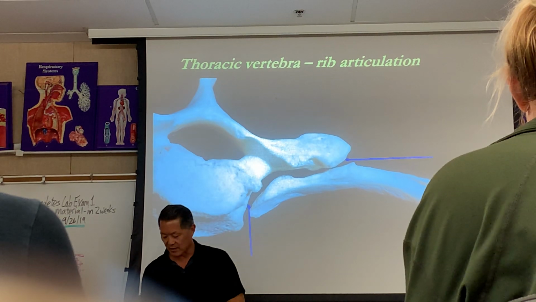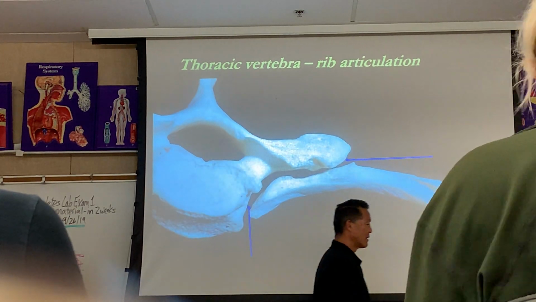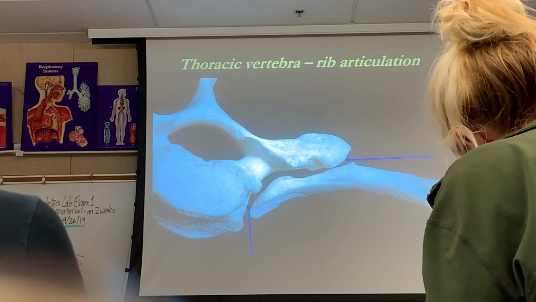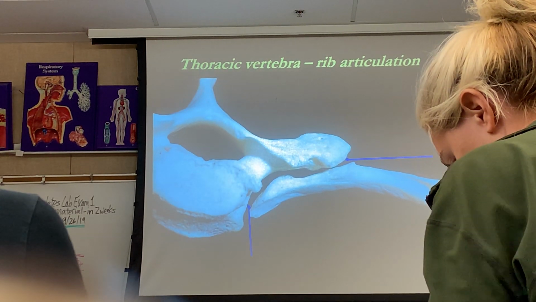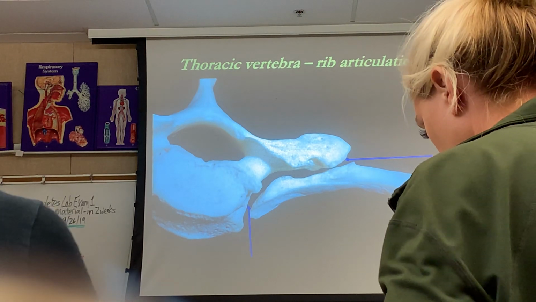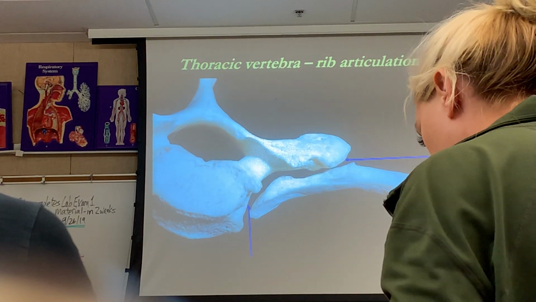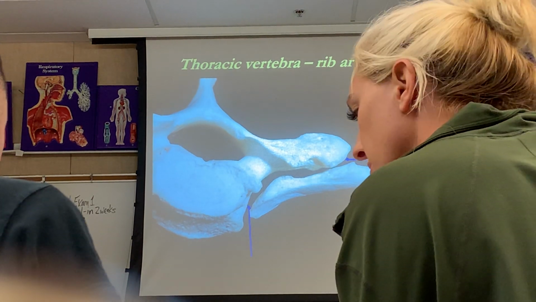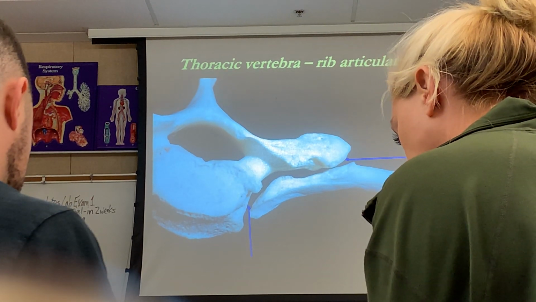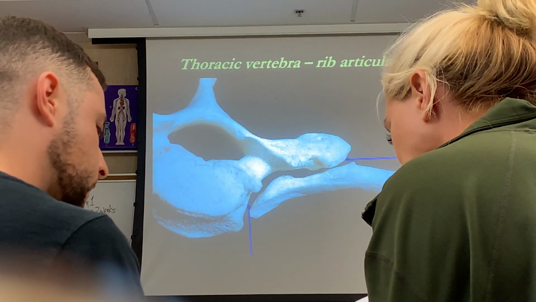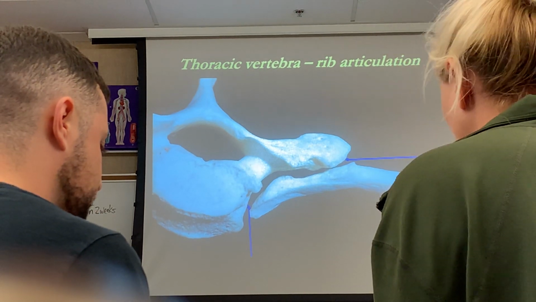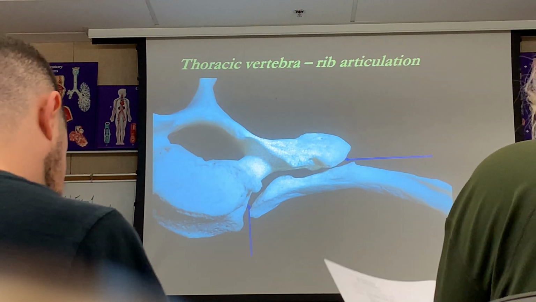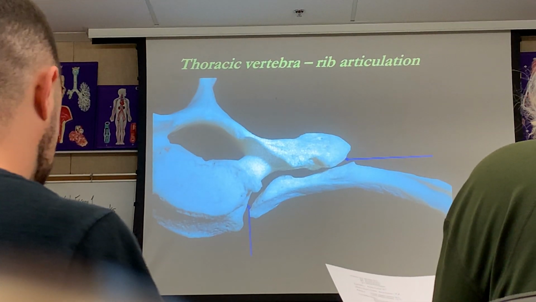Is anybody curious as to what are rib facets or demifacets? Demi and hemi means half. And all the ribs, starting at the top, actually head for the intervertebral disc.